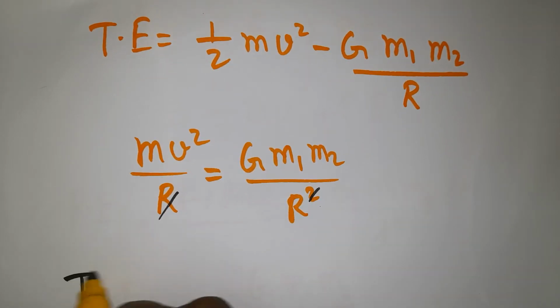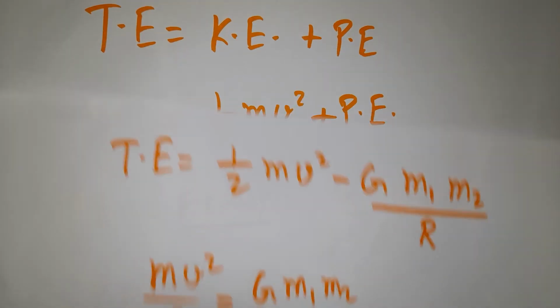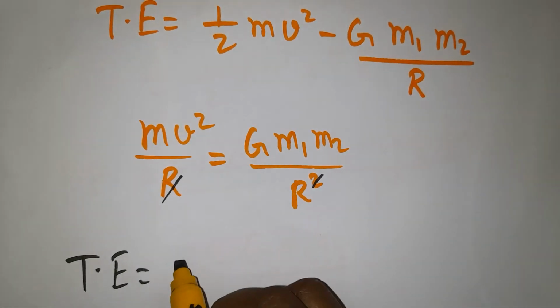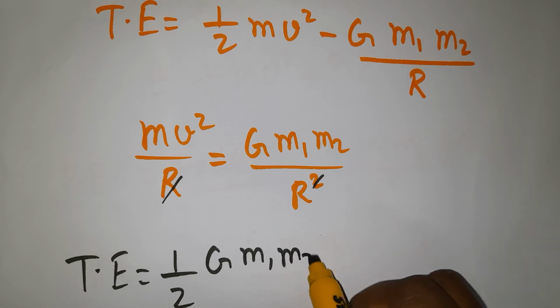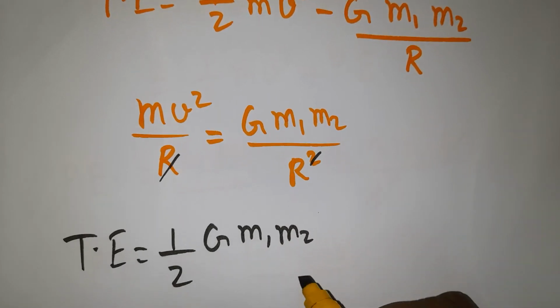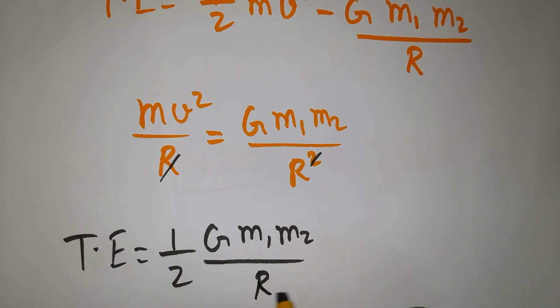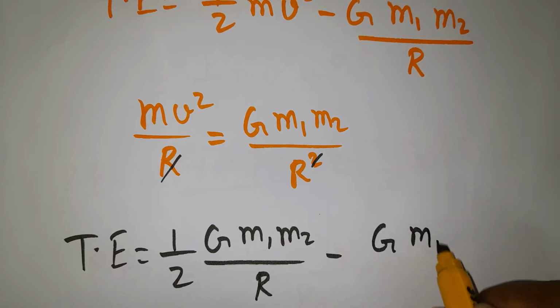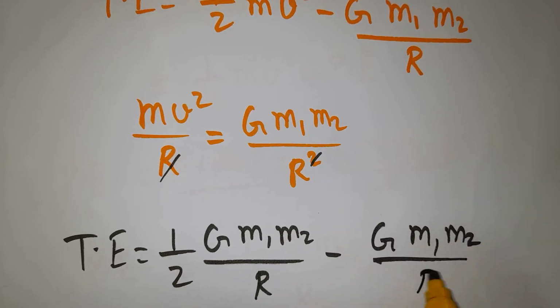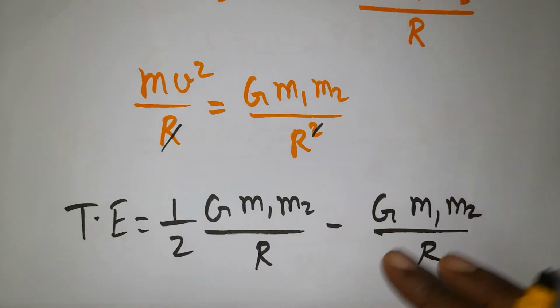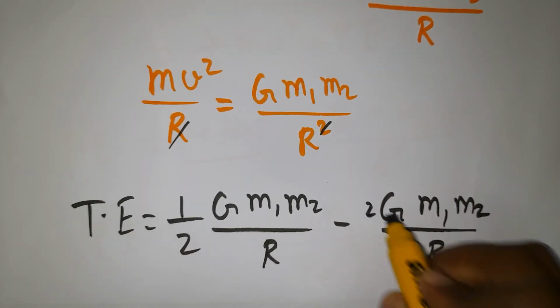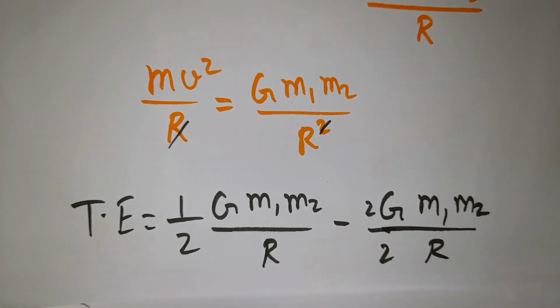So total energy is equal to half of G times mass of the earth m1, and m2 is the second object you are considering, divided by r, minus G m1 m2 divided by r. If you simplify this, you will get the total energy. I multiply numerator and denominator because I required a common LCM, so the denominator becomes 2r.